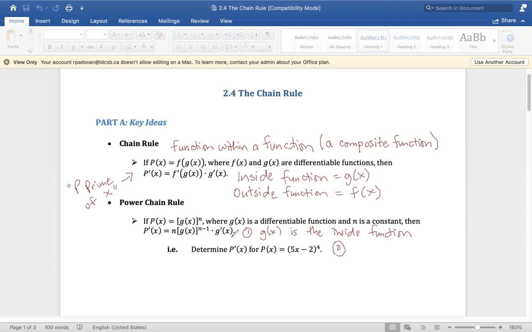It's actually n, the exponent. So n is the outside function. And basically this is like the power rule. Similar to, and then we'll go over an example.